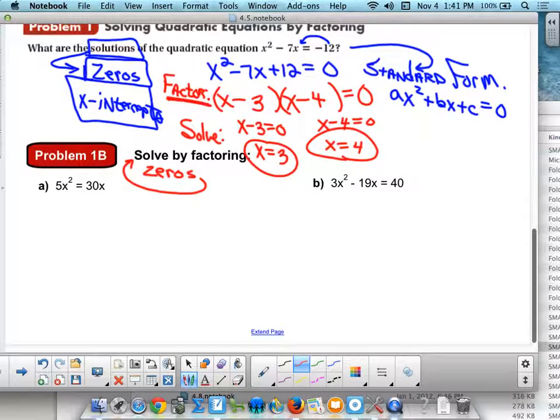You got to factor that. There, standard form done. Right? It's in standard form. Factor.